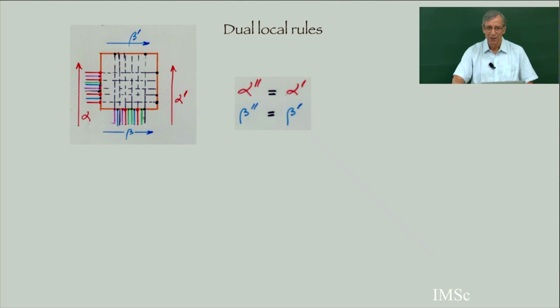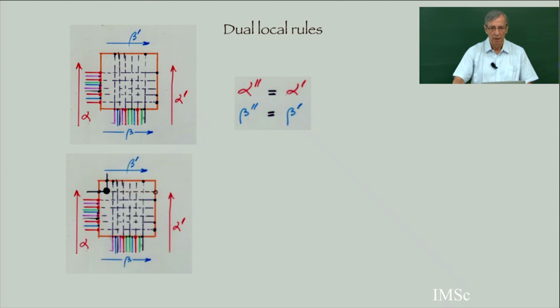So first, you have two words alpha, beta arriving of color line. Then I define beta prime, alpha prime to be the RSK product of alpha and beta. In case there is a 0, you get this local rule rewriting. In case there is only one point, you have this picture.